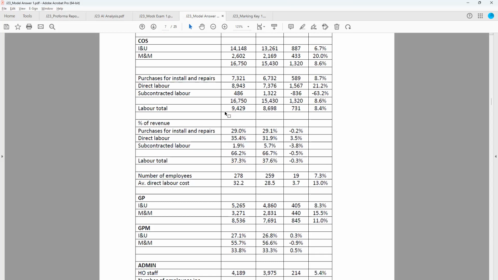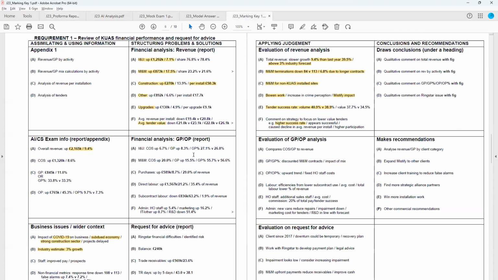But there's a temptation to write on all of them, and you'll just run out of time, and not all of them will be on the marking key. If you think about the marking key, you've got effectively 6 points, because a lot of them follow through here. They're only going to look at 6 different cost lines, because this is more for the evaluation. So you need to think quite carefully about which ones you're going to focus on, because some of them will be backslashed, for example.